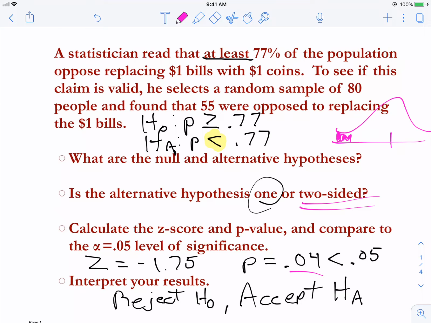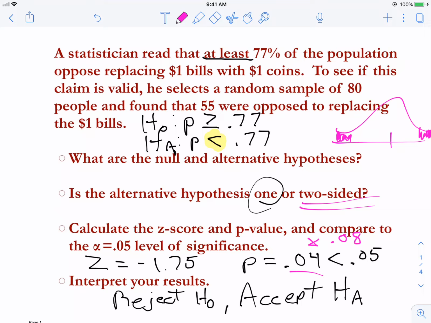If it's two-sided, we're not saying that it's less than, we're saying it's less than or it's greater than, okay? It's not equal to. So we don't care which tail it is, and we need to consider both. So that p-value would be doubled in that case, meaning it's 0.08, and that actually totally changes our interpretations because now we're no longer less than 0.05.